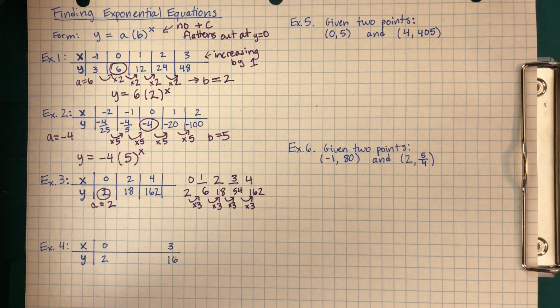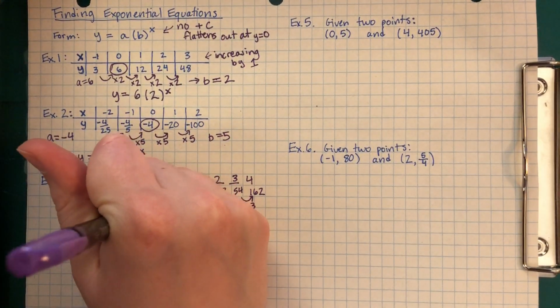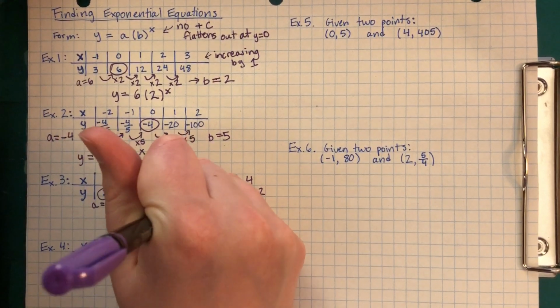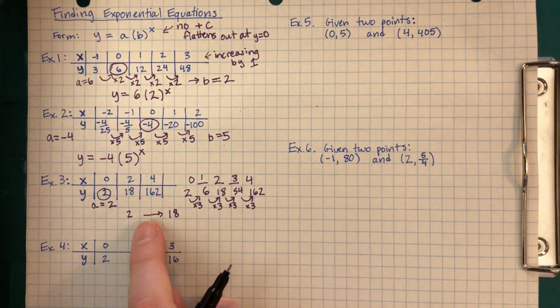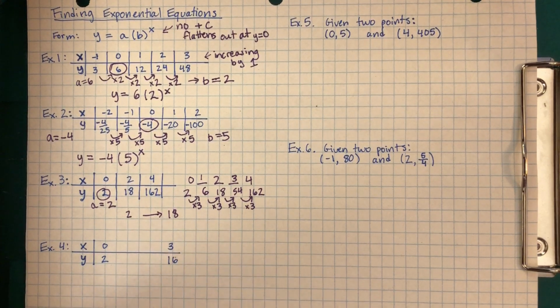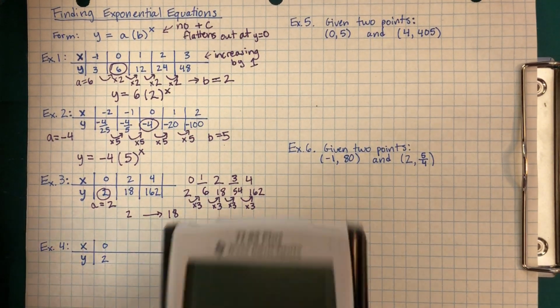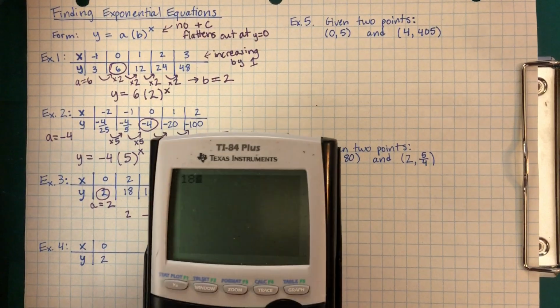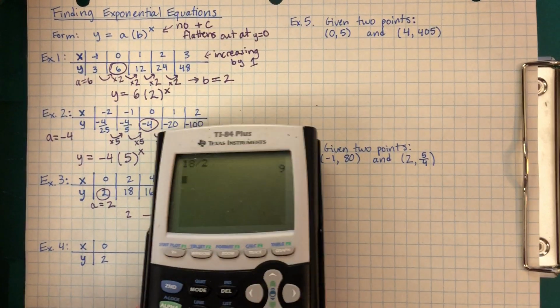So you can just experiment, but it won't always be as easy to find. Let's also think about how we could do this more methodically. If we're looking at 2 and 18, from 2 to get to 18, overall, we need to multiply by, well, maybe you know, but if you don't, we can divide them, right? 18 divided by 2 is 9.